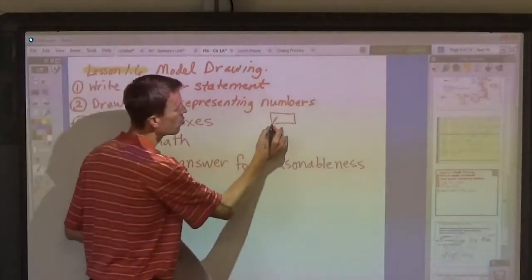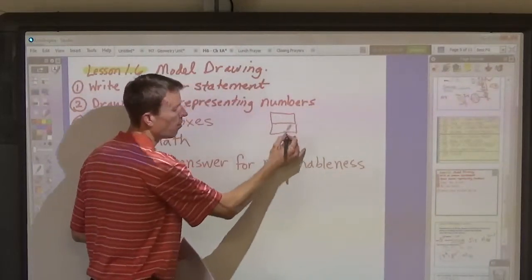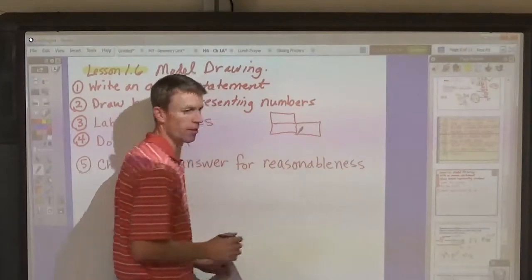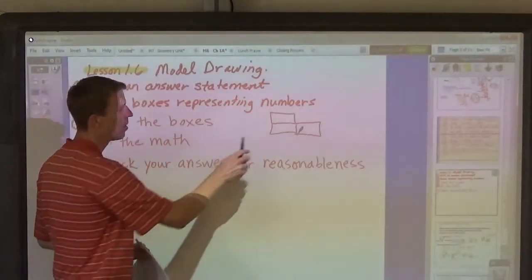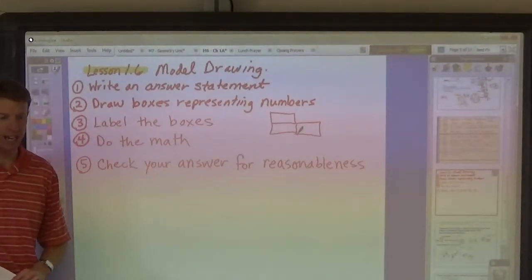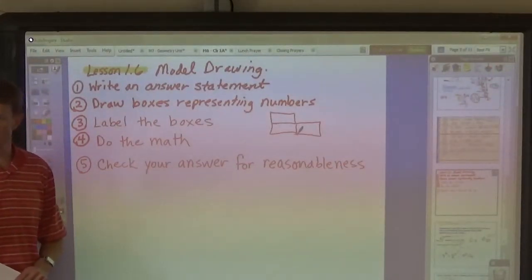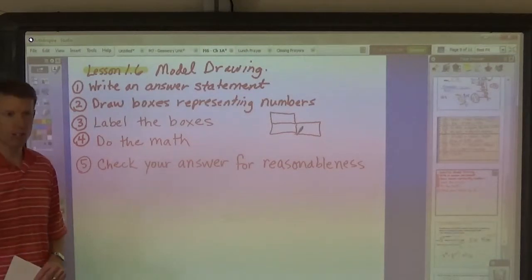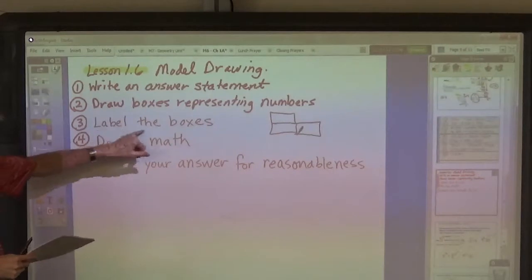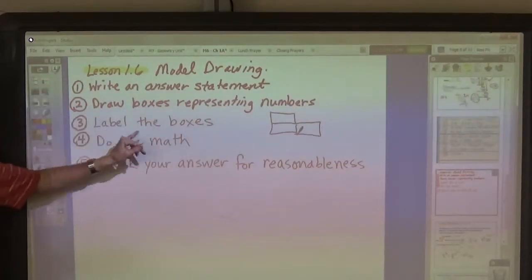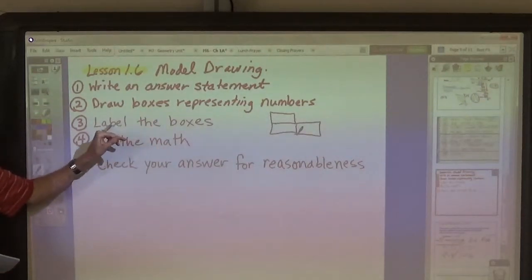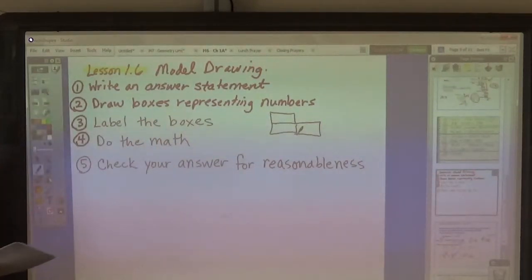Boxes will help you to visualize equal numbers, or numbers where one is bigger than the other, so that you can compare these numbers. Or you can divide them, which is what we're going to be doing today. Dividing them up into groups, and using those boxes to visualize division. Then, after you draw the boxes, you'll need to label what the numbers represent.